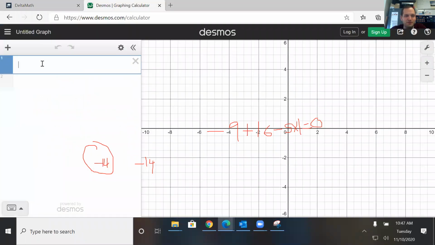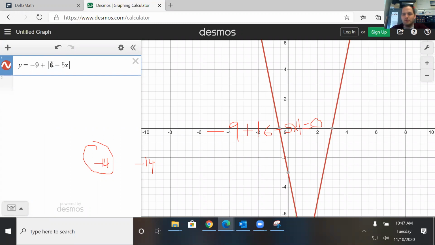So let's jump over to here. We've got y equals -9 plus the absolute value of 6 minus 5x. And there we go.